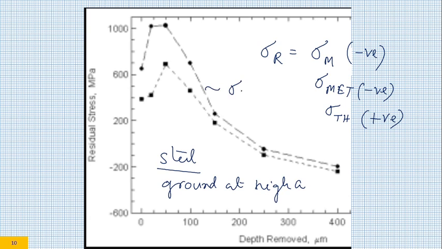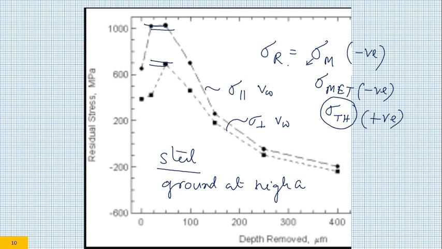This is along the direction and this is perpendicular to the direction. So along VW, and this is perpendicular to VW. These are the two stresses, and as you can see, the effective residual stress is very compressive. So this component of residual stress dominates everything else.